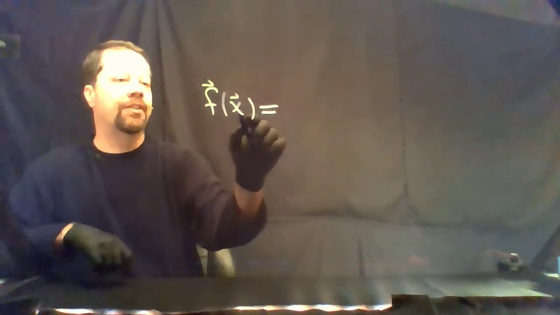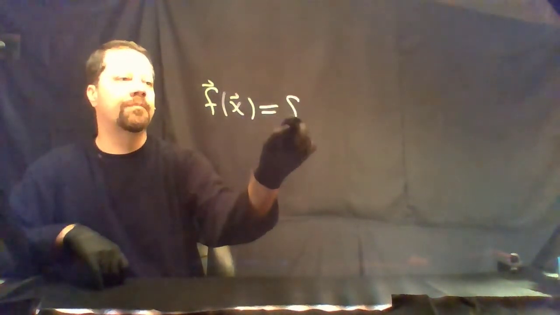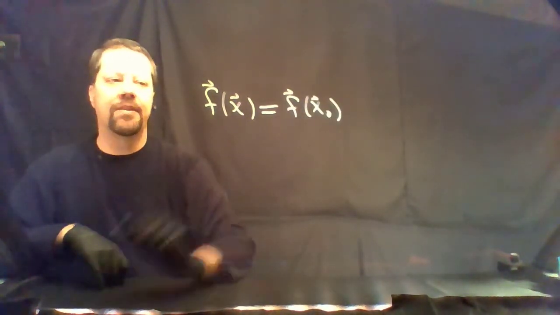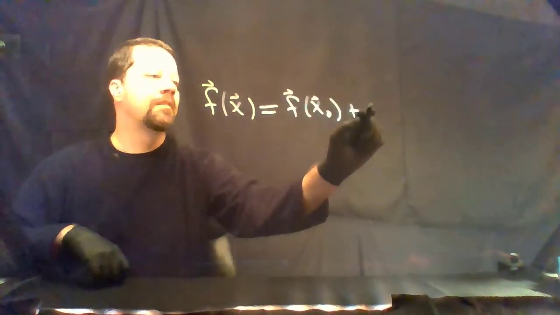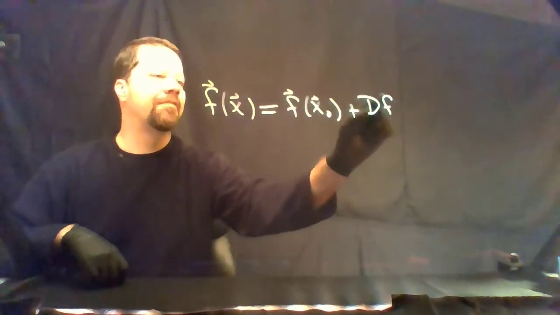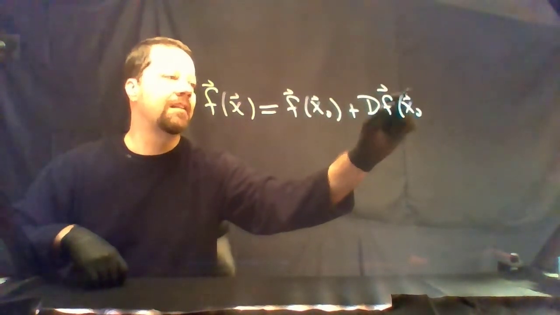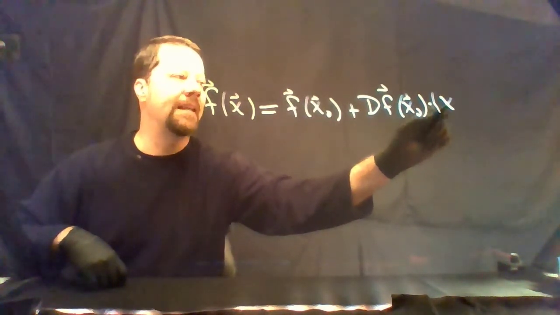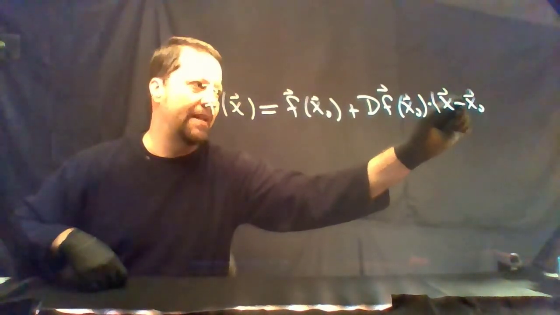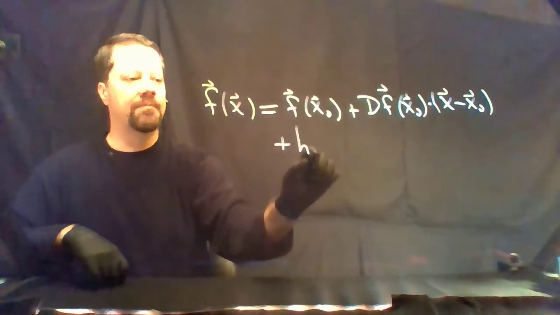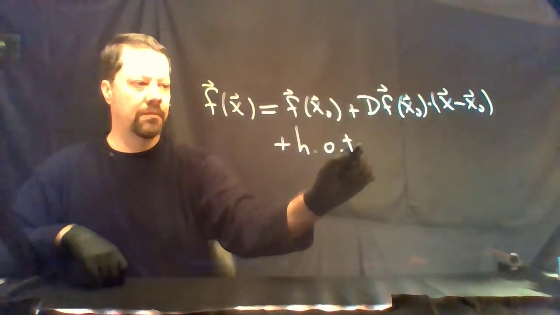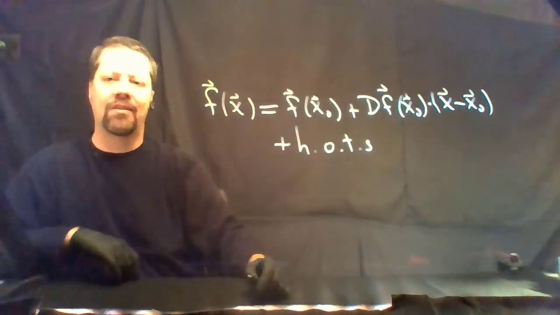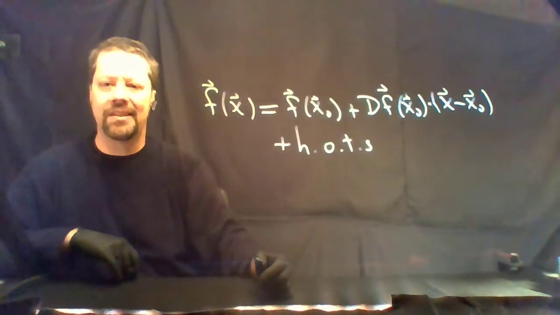The vector valued function of a vector variable will be the function evaluated at some point plus df at x naught times, and we'll have to talk about what we mean by times, x minus x naught plus higher order terms. We'll not worry about these higher order terms. We're going to perform the linearization.